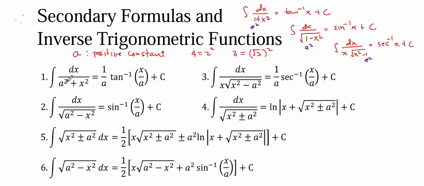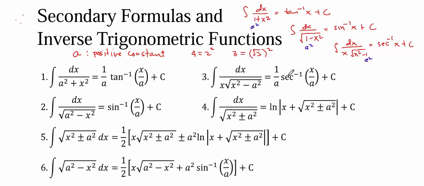If what is here is not simply 1, then the answer would be 1 over a arctan of x over a, where a is the square root of the constant term, plus c. Also, if this is not simply 1, the answer would be arcsine of x over a, so there is no 1 over a here. And for number 3, if this is not simply 1, the answer would be 1 over a arcsecant of x over a.